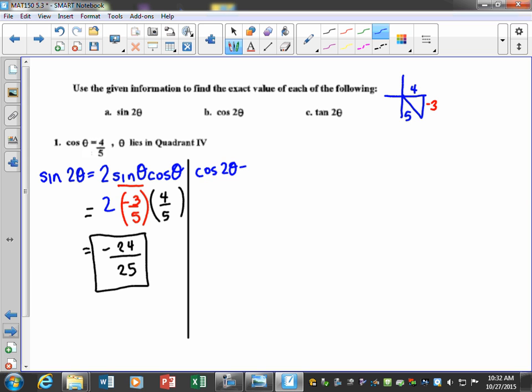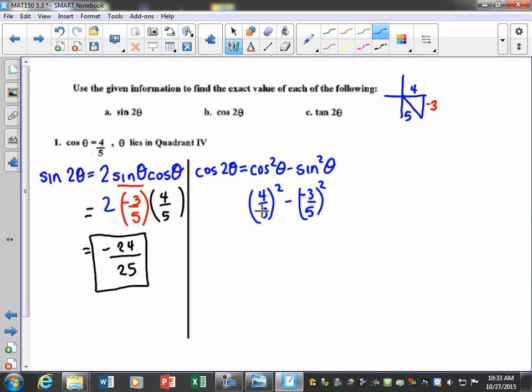Cosine of 2 theta is equal to cosine squared theta minus sine squared theta from the formula sheet. Well, we've already done our calculations over here. What is the cosine of theta? It's 4/5, but we're going to square that, so this is 4/5 squared, and we've already calculated the sine of theta. We said the sine of theta was -3/5, so let's do -3/5 squared.